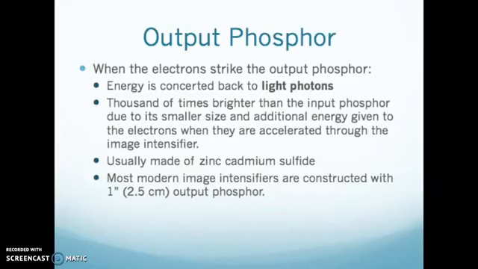It is thousands of times brighter than the input phosphor due to its smaller size, that magnification that I talked about in the last slide, and the additional energy given to electrons as they're accelerated in the image intensifier. So that's that 25,000 volts. It's usually made of cesium cadmium sulfide. Most modern intensifiers are constructed with a 1-inch output phosphor. So all the current output phosphors are 1 inch.